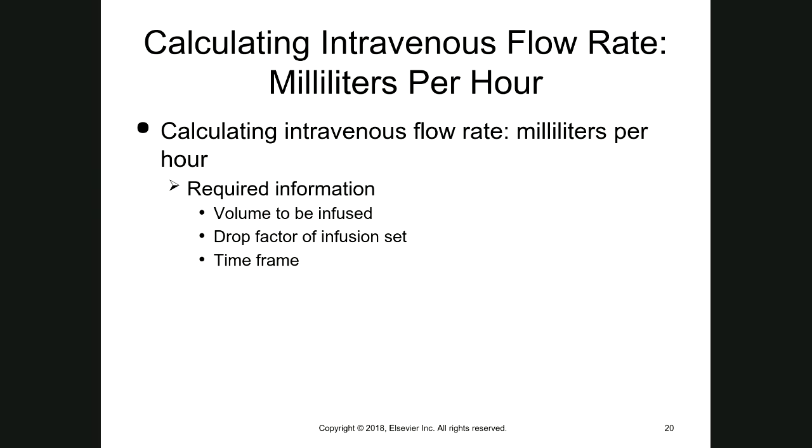The setup that delivers large drops, which is 10 to 20 drops per milliliter, is a macro drip. And one that delivers small drops, which is like 60 drops per milliliter, is a micro drip, which is a mini drip set.